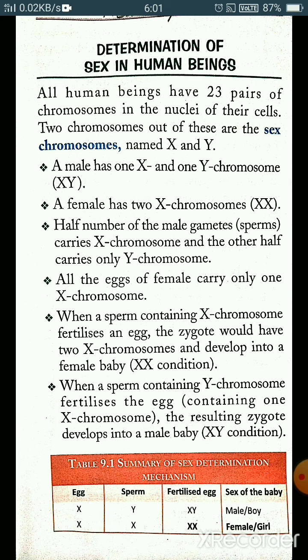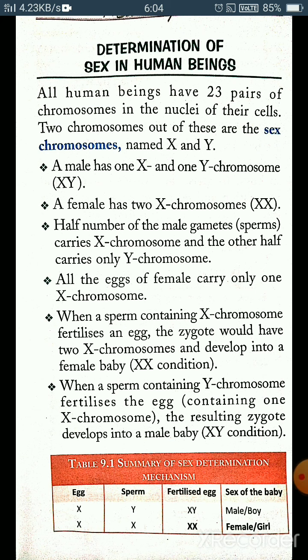Half of the male gametes or sperms carry X chromosomes and half carry Y chromosomes, whereas in female all chromosomes are the same, that are X and X. All the eggs of female contain X chromosomes.